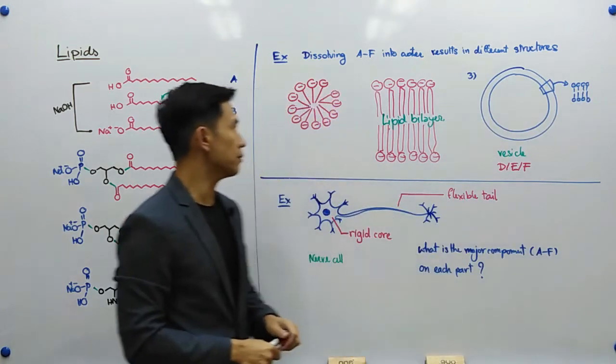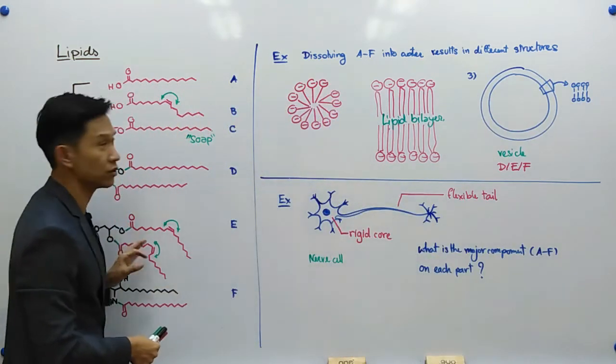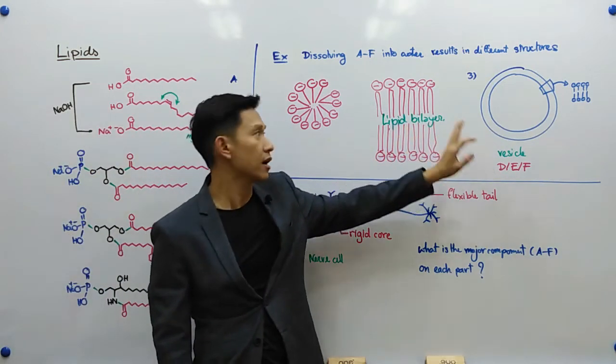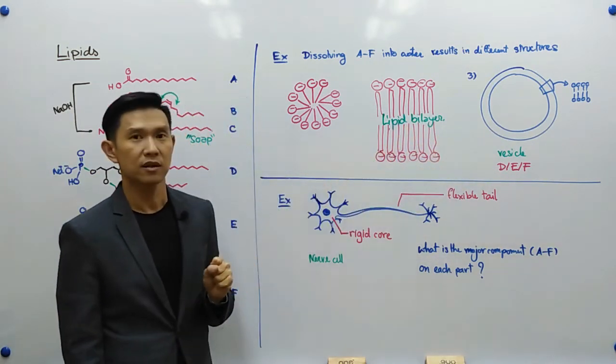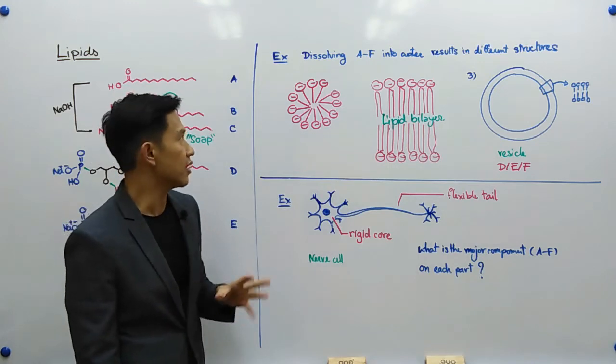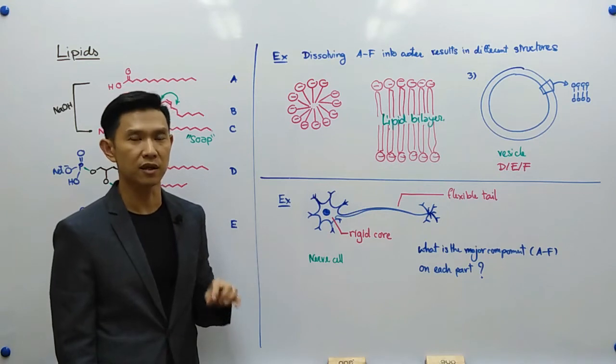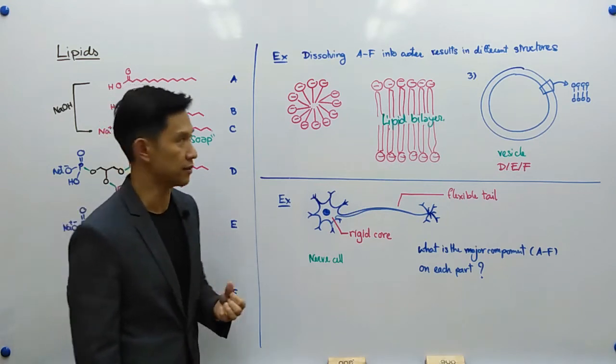Because of two tails, right, the packing style would be something like that. So as you can see, everything happens because of the intermolecular interactions, London force and hydrogen bonding.